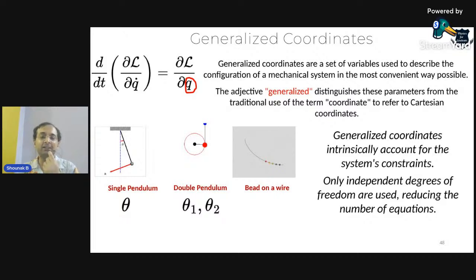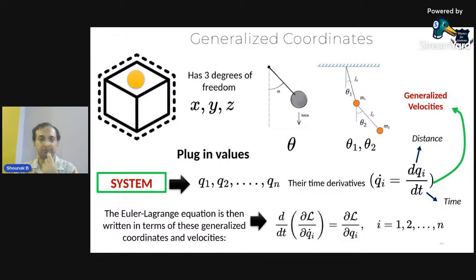They are generalized coordinates because now we are not restricted to any specific coordinate like Cartesian coordinates, and can represent any variable which describes the system's configuration, including angles, distances, etc. So for a bead on a wire, a double pendulum, etc., only independent degrees of freedom are used, reducing the number of equations.